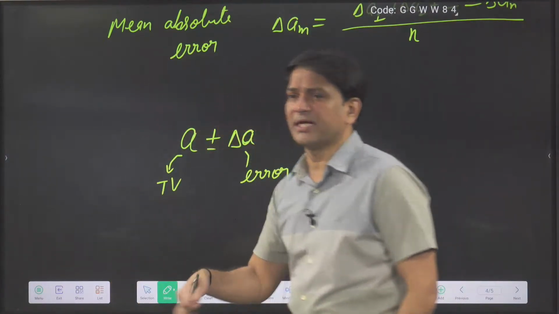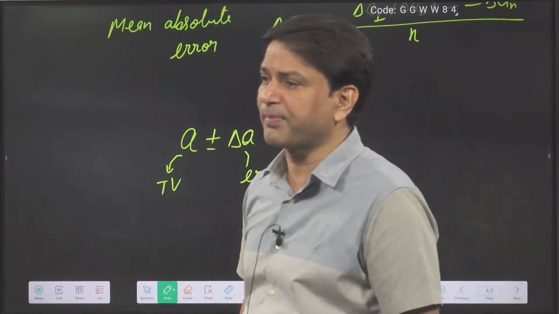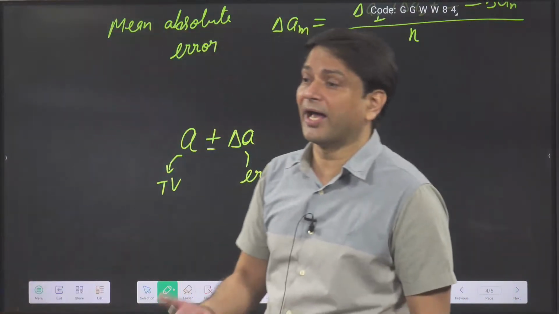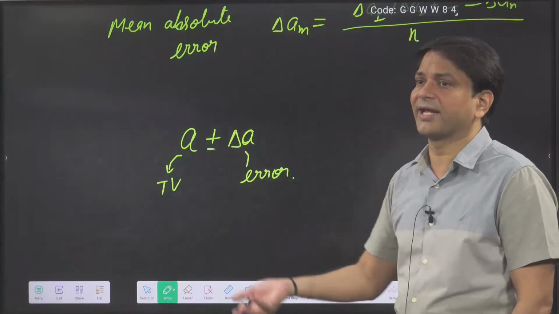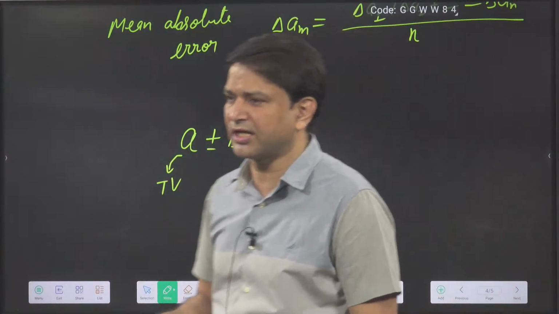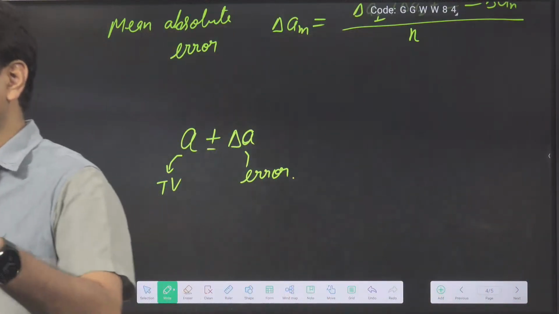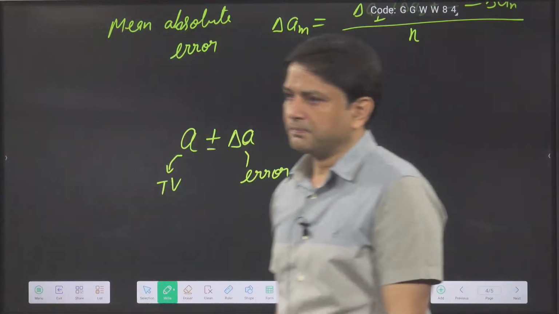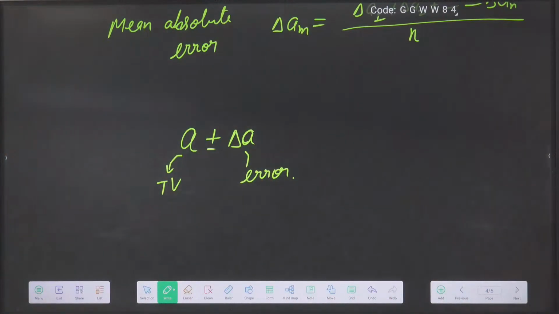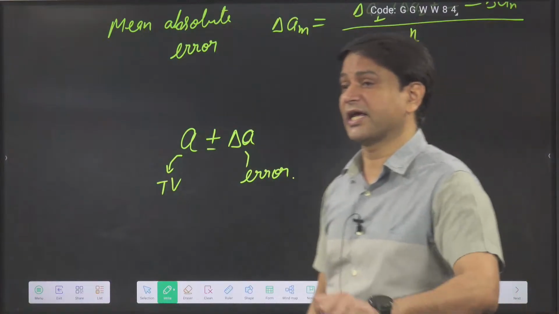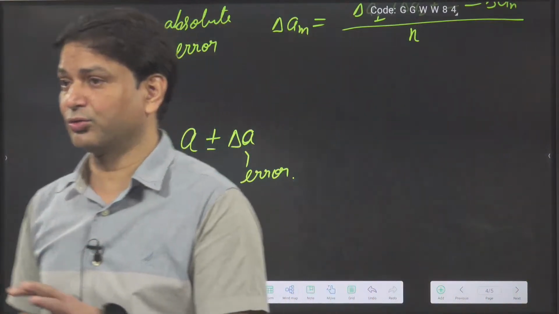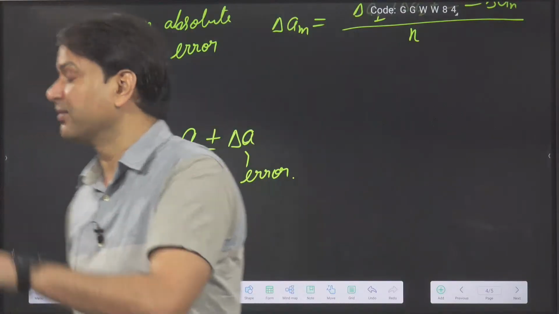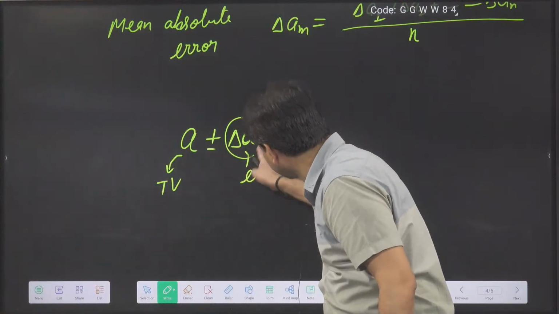Why are we writing plus minus? Because it is possible that I am measuring more than actual, then A plus delta A, or I am measuring less than actual, then A minus delta A. That's why we write the error as plus minus. Somebody can think, sir, you said we always calculate the maximum possible error, so we should always do A plus delta A. I am not saying that.